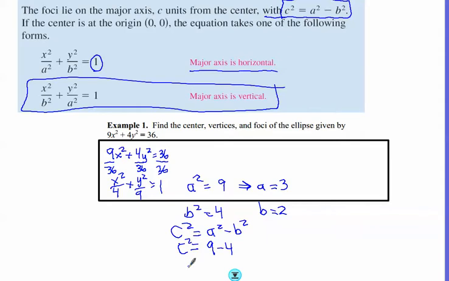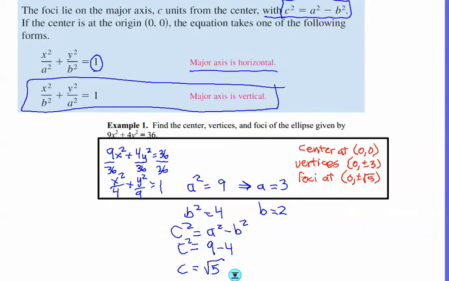So c, the distance from the center to the foci, is going to be the square root of 5. The summary of the answer they were looking for is the center's at 0, 0, the origin. Vertices are at 0, positive 3 and 0, negative 3. And the foci are at 0, plus or minus square root of 5.